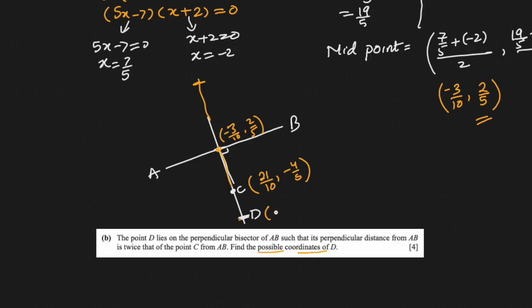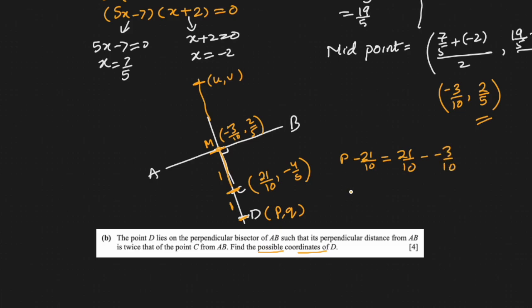Let's call this PQ and let's call it UV. So if D is double the distance from M, that means this is 1:1. From here, whatever is the ratio and whatever is the angle, same will be here. So P minus this will be the same as this minus this. That's how we write 1:1. What I mean is this: P, the x coordinate of this, minus 21 over 10 will be the same as 21 over 10 minus 3 over 10.